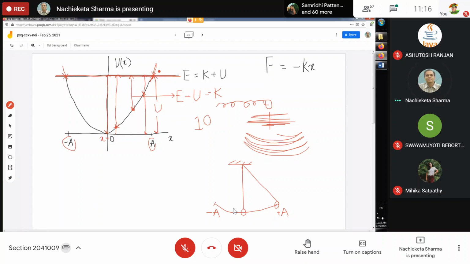Now the potential energy is 12, but I have to make K plus U equal to 10. How can I make 12 plus something be 10? I will add minus 2. So again I get 10, and that is how the law of conservation is not violated. This is how I will argue. How are you going to counter me?